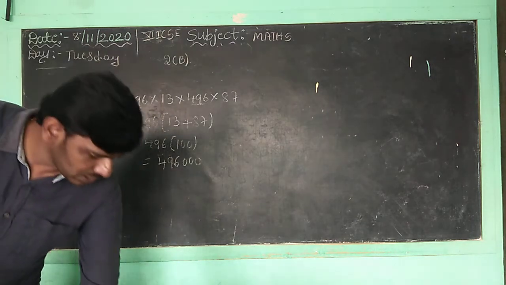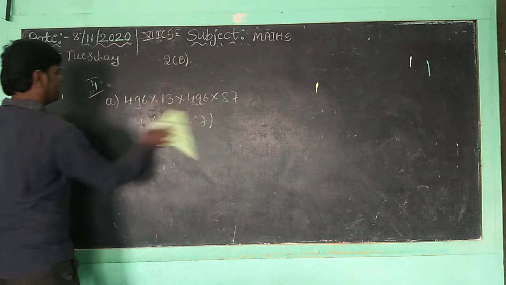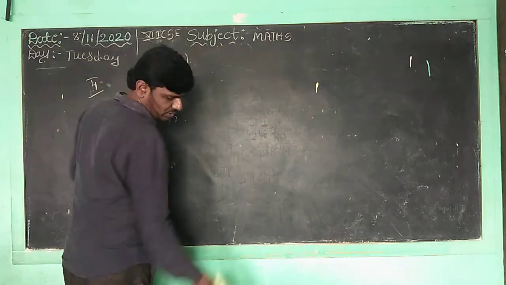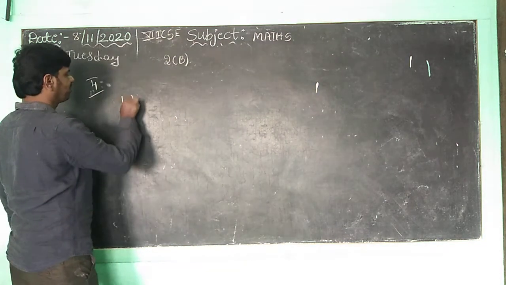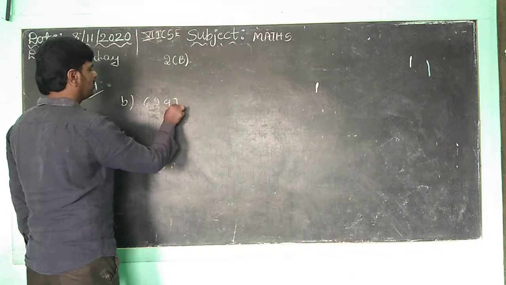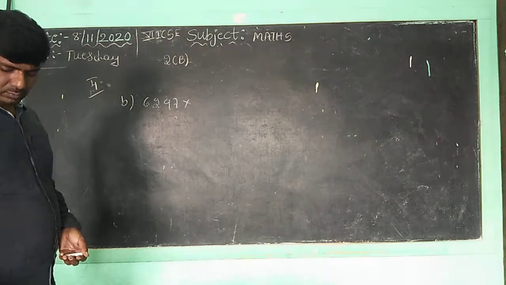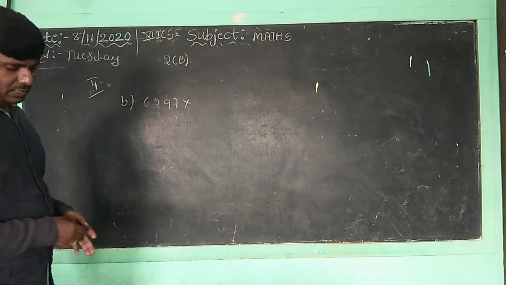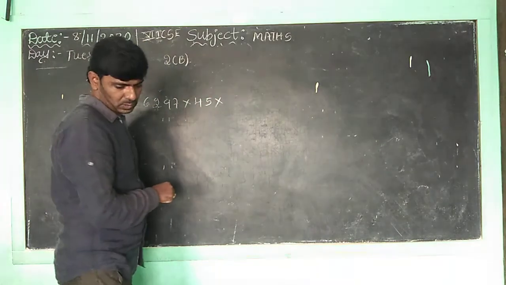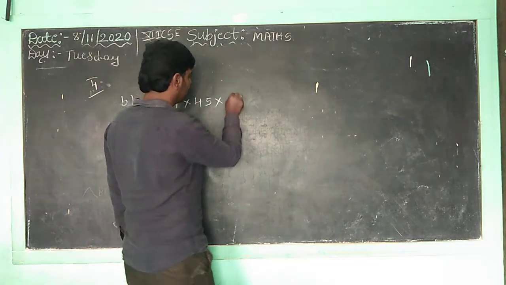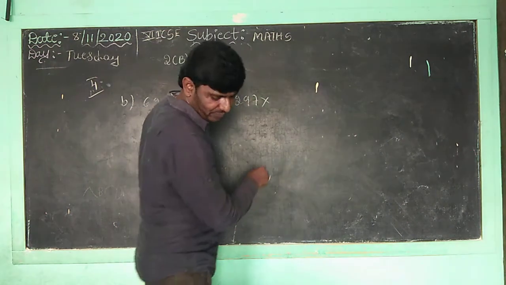Understood, children? Children, now we want to take a similar question. This one also, what is that? B question. So 6297 into 45 plus 6297 into 55.